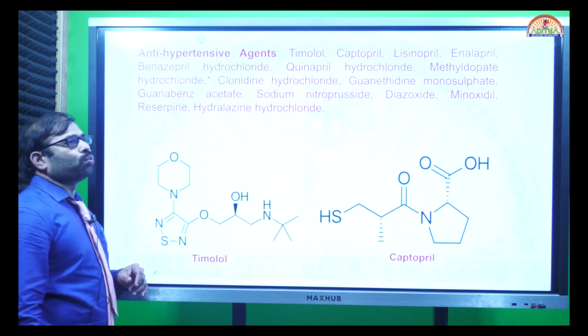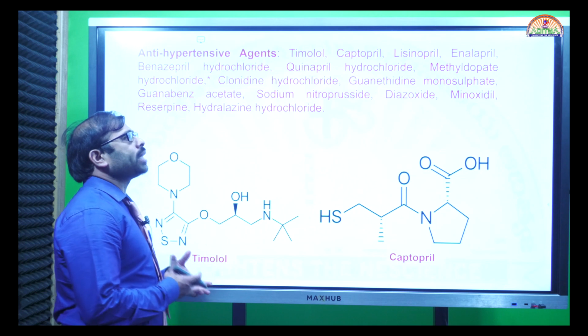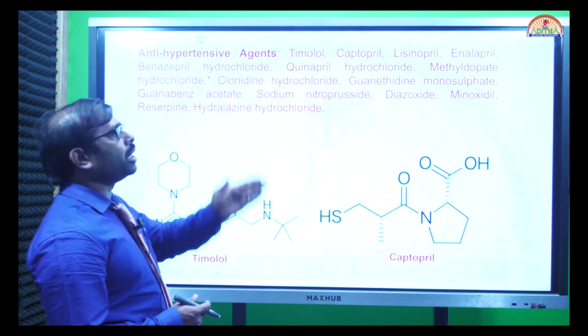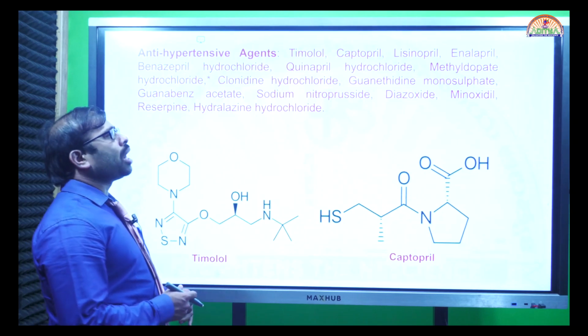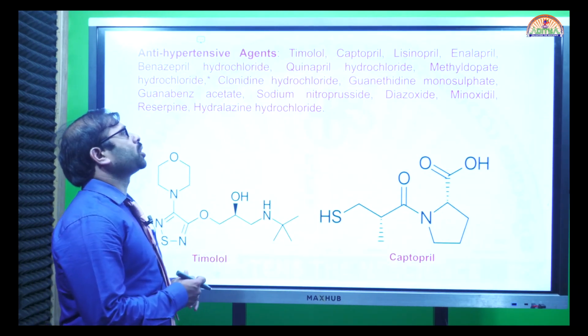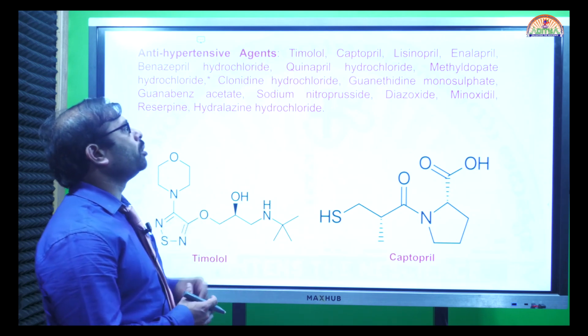Now, what molecules have been given to study about these antihypertensive agents? As per the syllabus, plenty of drugs have been given, and we are going to learn these molecules with their structures one by one.